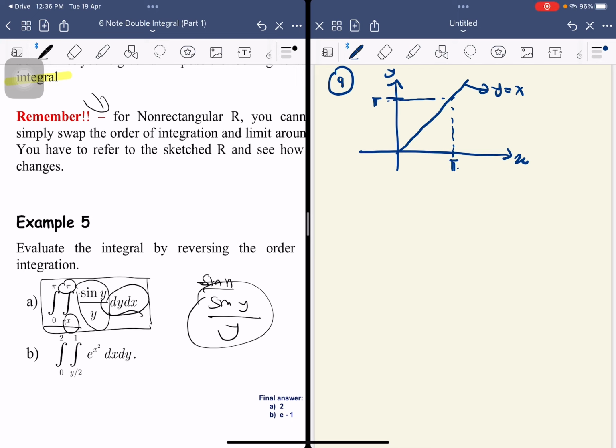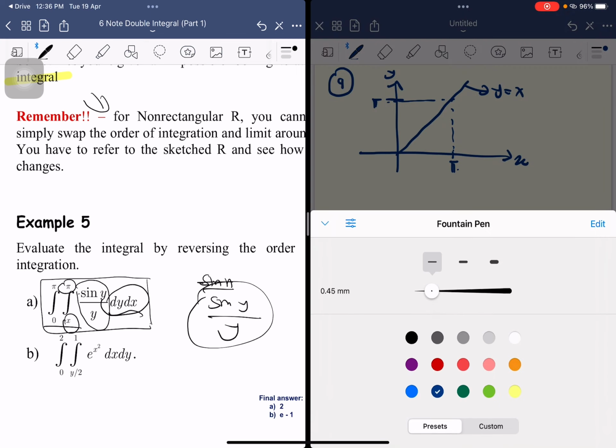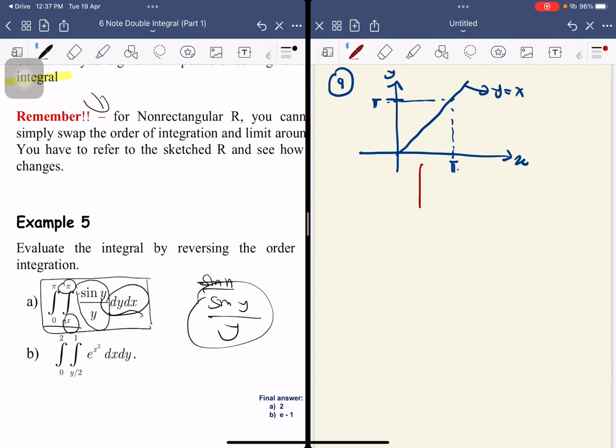Now you must identify whether the region is in this part or this part. Since this one uses the order dy dx, it means it's going to use a vertical strip, in this direction.